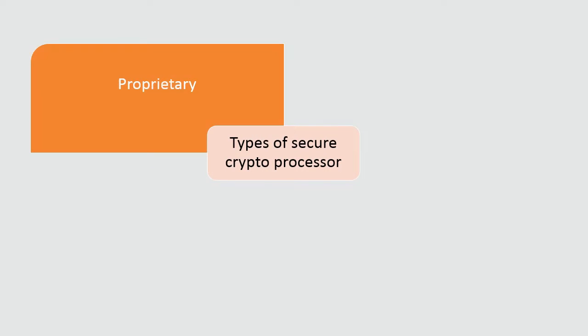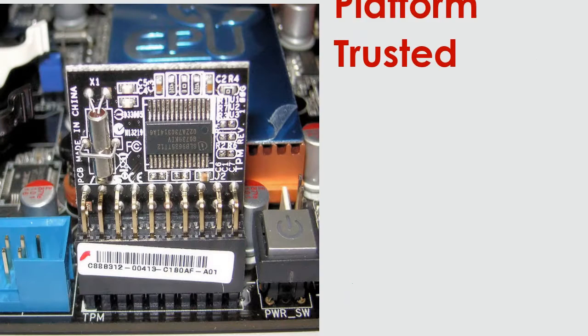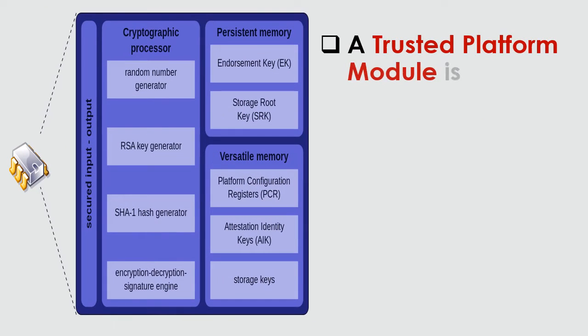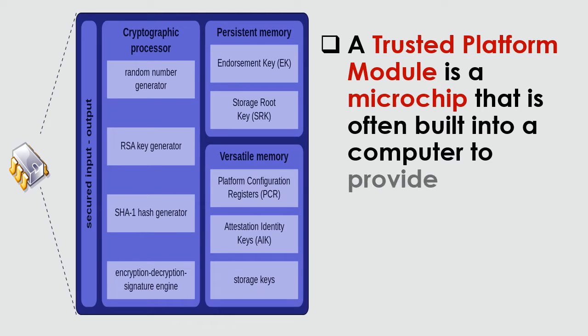Types of secure crypto processor are proprietary, open standard, standalone, smart cards, trusted platform module, TPM. A trusted platform module is a microchip that is often built into a computer to provide hardware-based security.